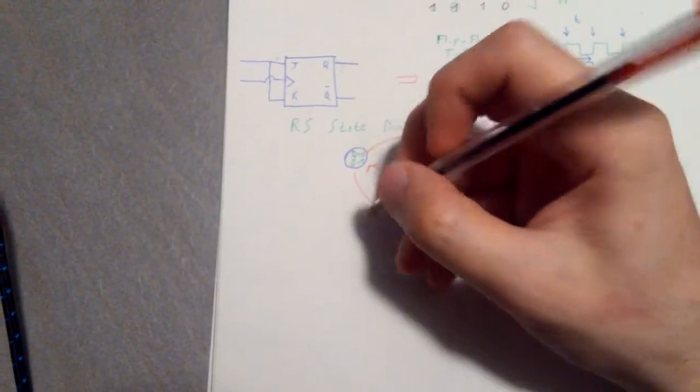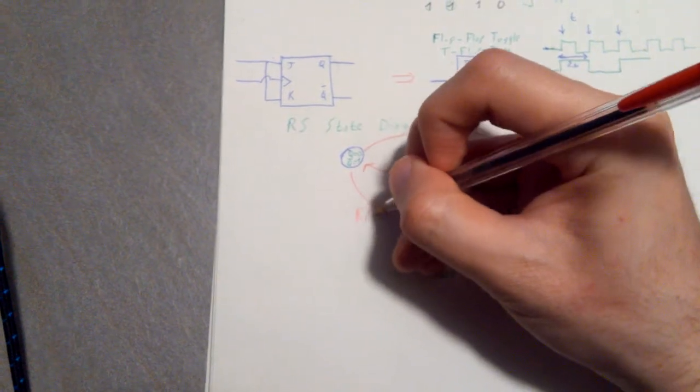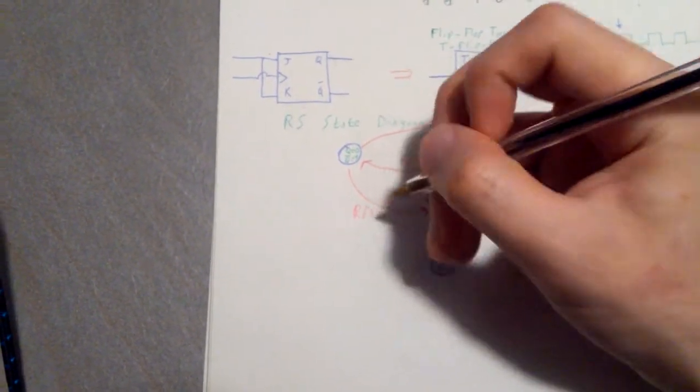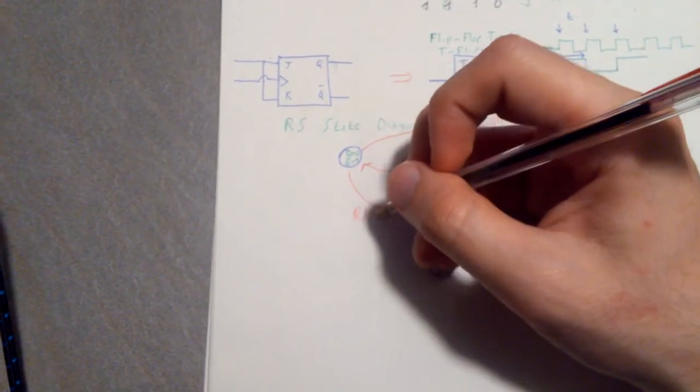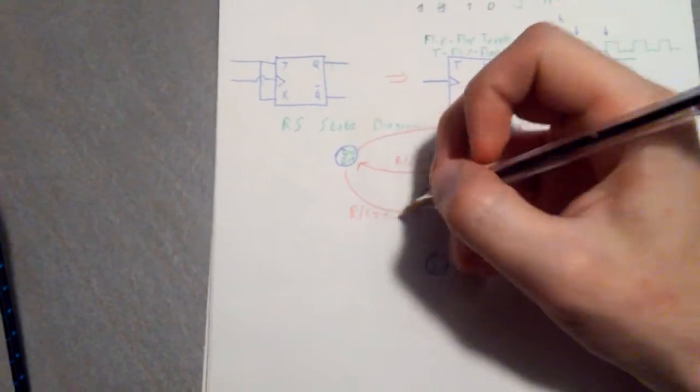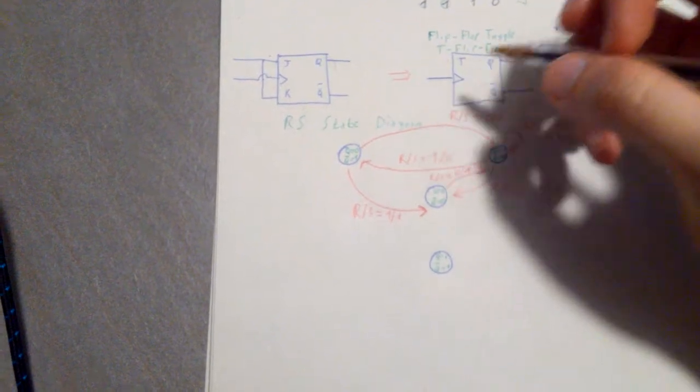We can basically say, okay, I'm going to set R to 1 and set equal to 1.